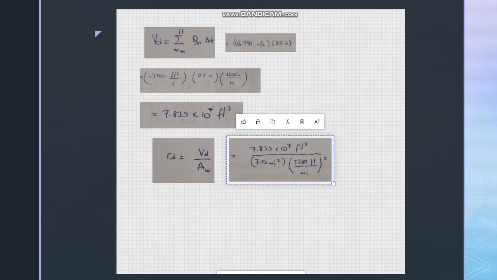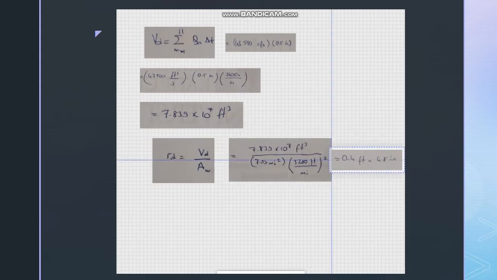To convert square miles into square feet, we know that 1 mile is 5,280 feet. So we multiply 5,280 squared by 7.03 square miles, and divide 7.839 times 10 to the 7 by this term. The answer is 0.4 feet, or 4.8 inches.